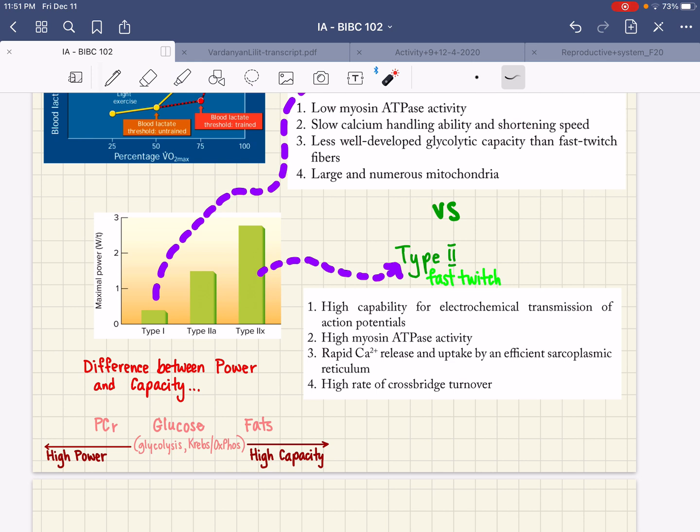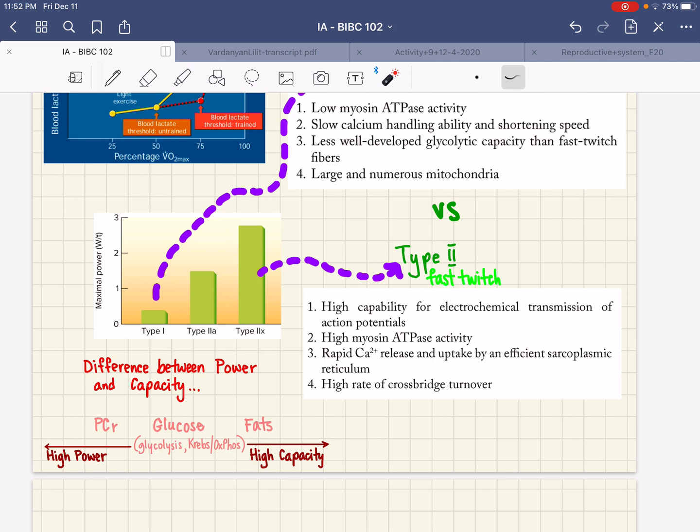We need them to run longer, be more enduring to the pain or to the lengthy run, right? But people who have type 2 muscle cells, these are the fast twitch, right? These are the people who are the 100-meter sprinters in the Olympics, right? These are the people who do deadlift like hundreds of pounds because they need to do it quick and fast, right? So they have more type 2 muscles, which have a lot more power.